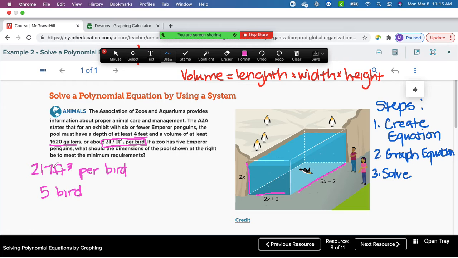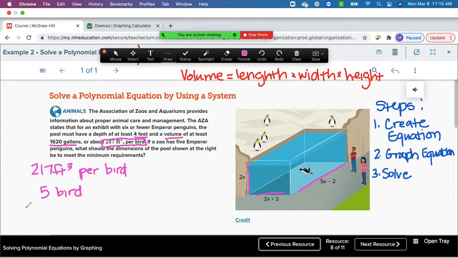So we want the volume, right? Because this is all talking about volume. We want the volume to be 217 feet cubed per bird, but we have 5 birds. So we're going to do 217 times 5.